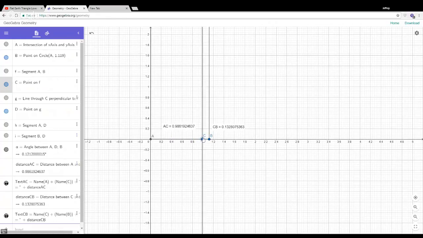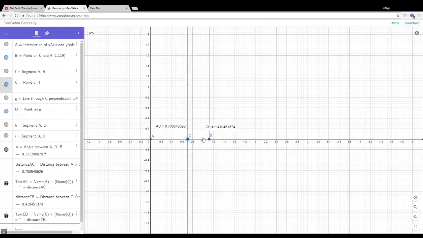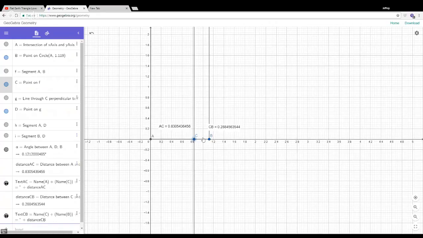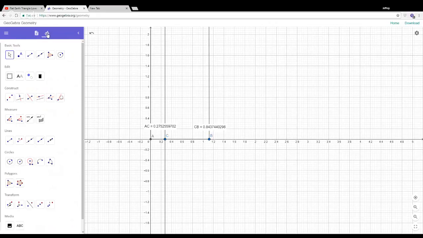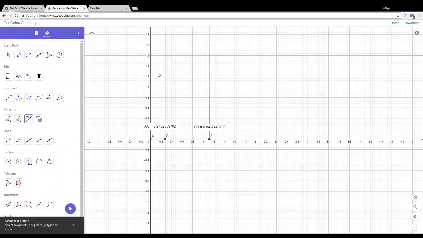The line from C to D is the same length, no matter where along the line AB I put point C. And we know this because I can even tell you what the length of the line is.